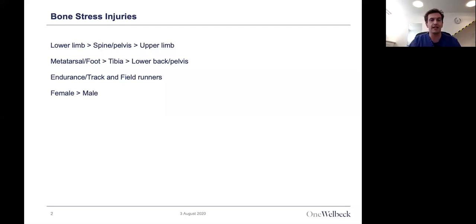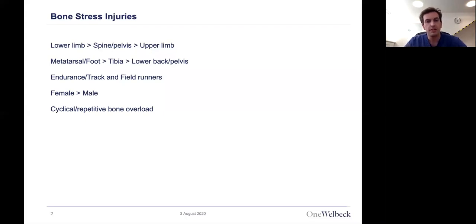So the classic athlete or the classic patient tends to be an endurance athlete or track and field, and as I say, it doesn't necessarily have to be a super athlete. We certainly see it in the normal population, certainly in the deconditioned population as well. And it tends to affect females far more commonly than males, and we'll talk about why in a minute.